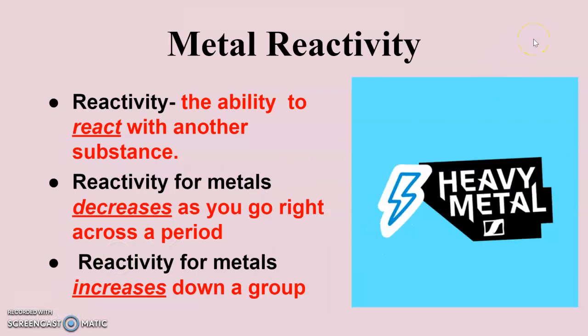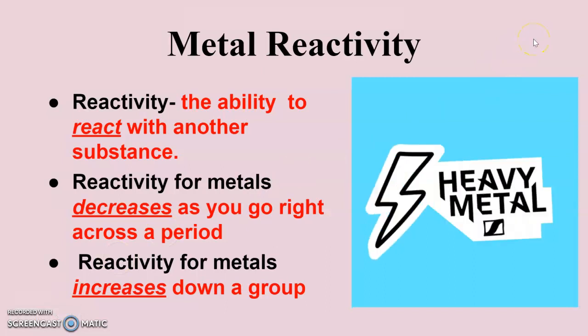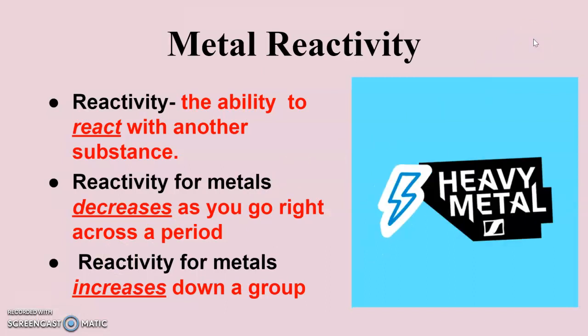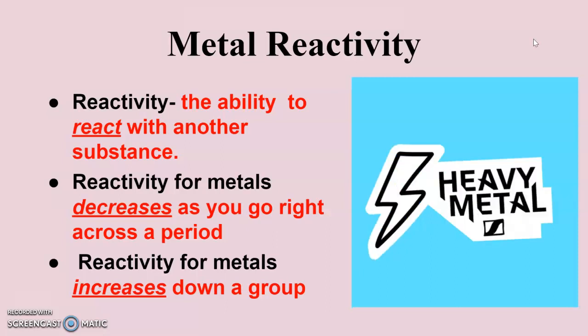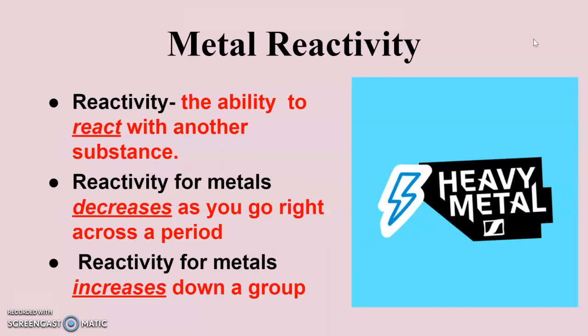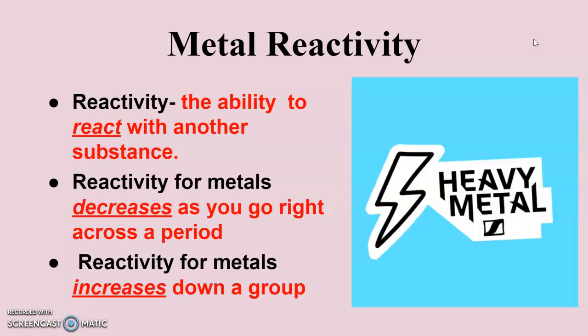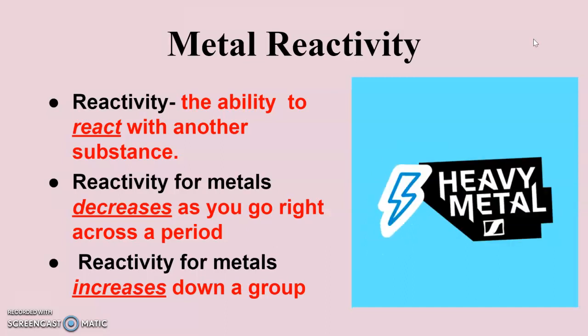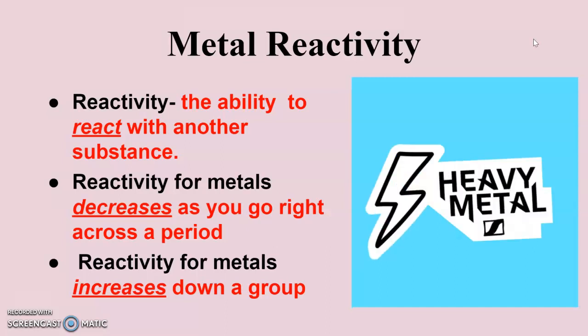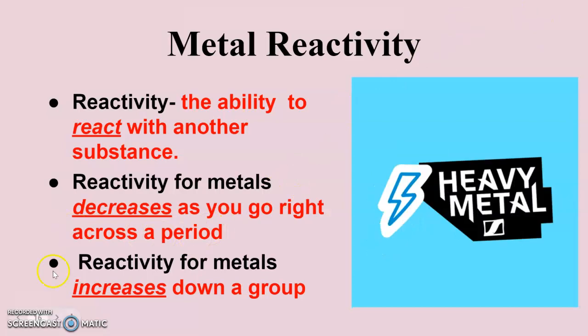Now let's talk about metal reactivity. Reactivity is just the ability to react with another substance. Reactivity for metals decreases as you go right across a period, and for metals, it increases down a group. So it decreases from left to right and increases from top to bottom.